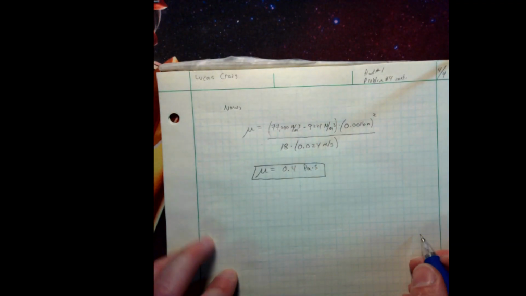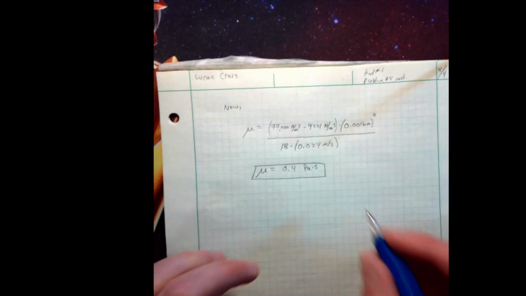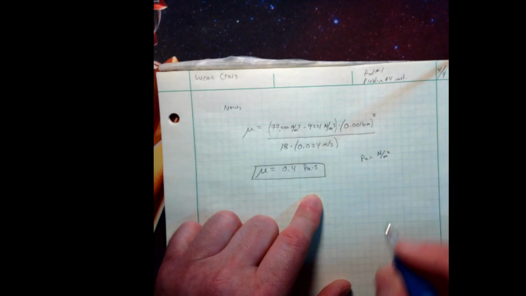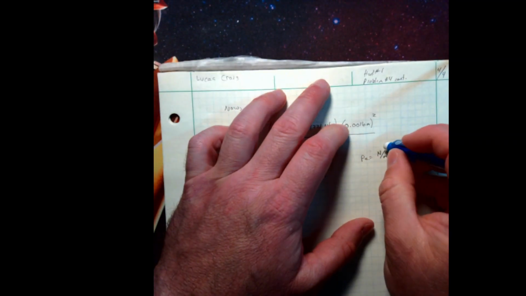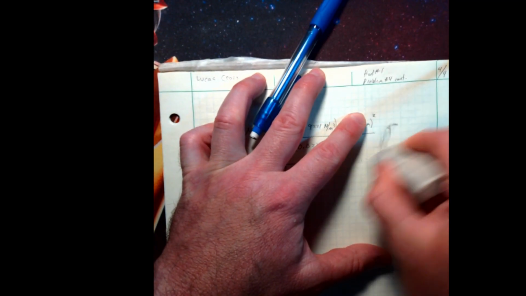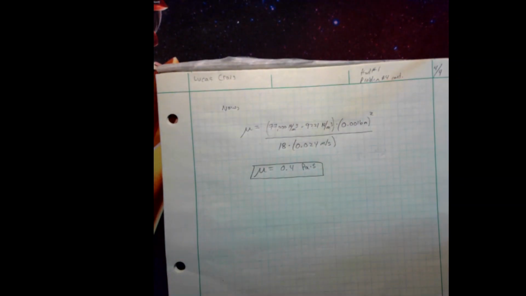Box your answer. Okay. And again, remember, Pascal is a Newton per meter squared. Just note, you don't need to write that. I just wanted to let you know. Now, in this problem, I have noticed some of you are boxing these intermediate answers.